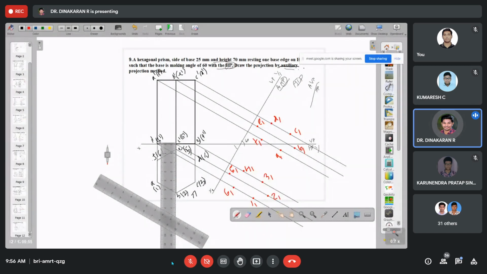Now you want to draw visible and invisible edges. You need to check from this direction. So you see from this direction which face is fully visible. Which face is fully visible? The top face is fully visible.